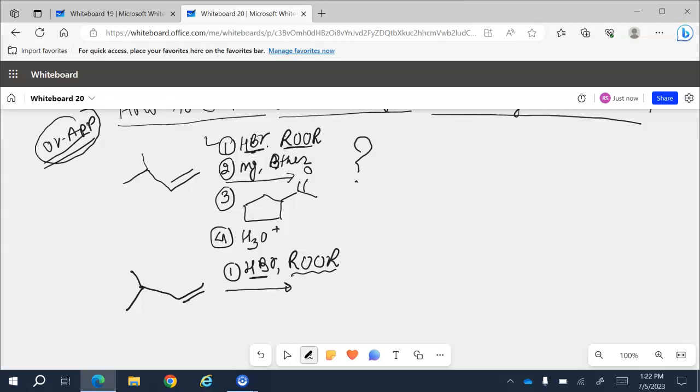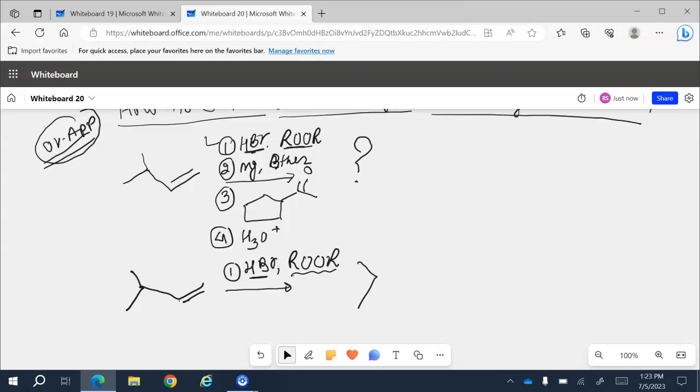That means hydrogen will go to the carbon with fewer hydrogens, and bromine will go to the carbon containing the larger number of hydrogens. That is what you need to know without a doubt. These are some of the things that you need to memorize.